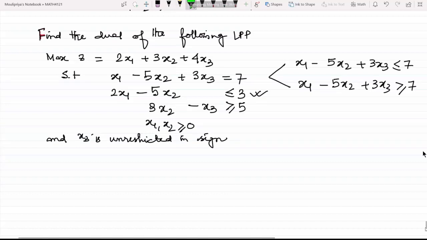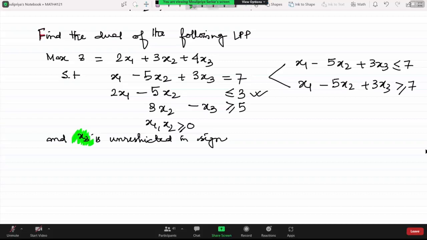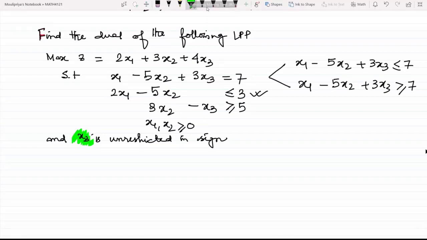So if I rewrite, there's another problem. The problem is with x3, which is given to be unrestricted in sign. What do I mean by it? By that we mean we don't know what is the sign of x3. In this kind of scenario, if I write x3 as the difference of two variables, x3 dash and x3 double dash, where x3 dash and x3 double dash are both greater than equal to 0, I think our problem is solved.